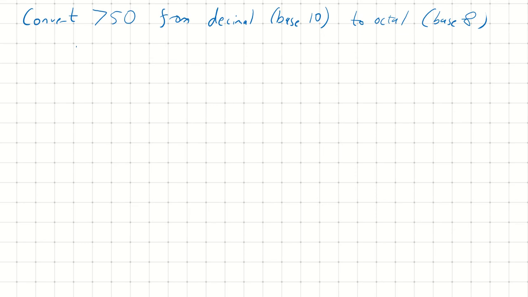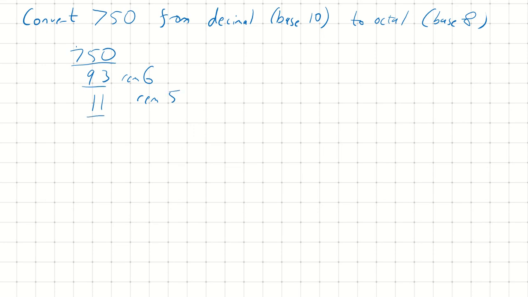So let's try that. 750, if I divide that by 8 I get 93, and the remainder when I divide 750 by 8 is 6. Now if I divide 93 by 8 I get 11. 11 times 8 is 88, so that gives me a remainder of 5.